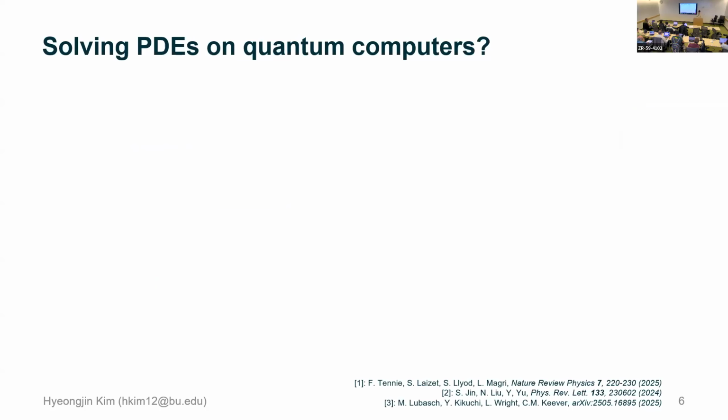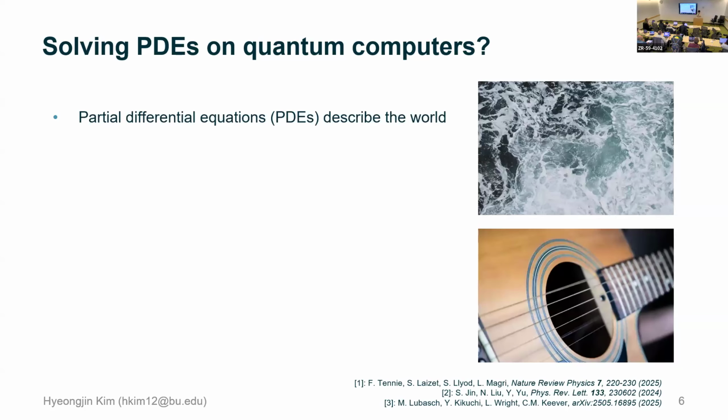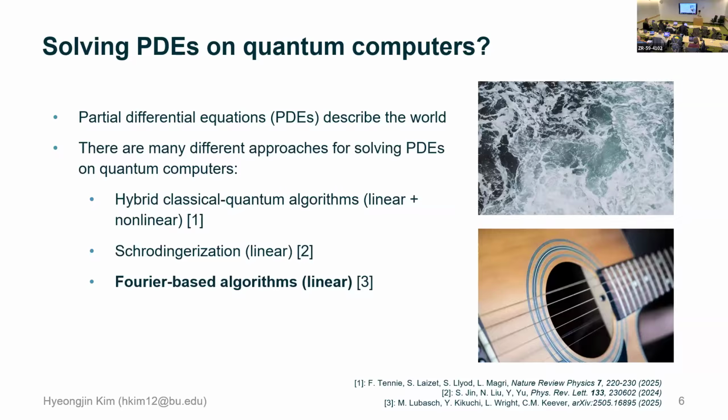So one natural question to ask is why do we even solve PDEs in the first place? Well, PDEs are quite ubiquitous in our world. They describe a bunch of different phenomena, all the way from fluid dynamics of the ocean waves to just the sound waves of guitar strings. And in the past couple of decades, there have been many proposed approaches and algorithms for solving PDEs on quantum computers that promise some sort of speed up over classical computers, either through just better complexity scaling or just more efficient storing of information.